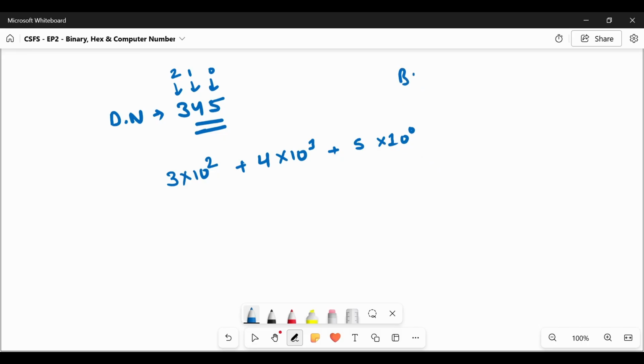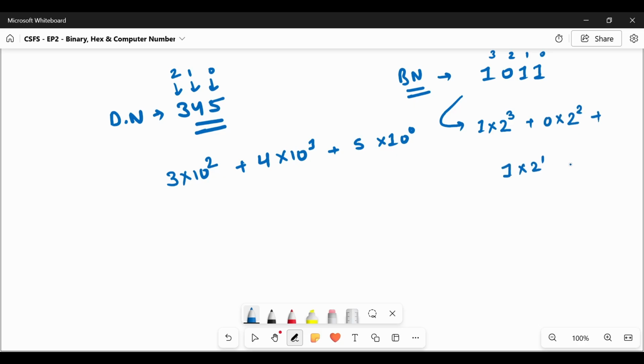Similarly, for a binary place value number like 1 0 1 1, with positions 0 1 2 3, it becomes 1 times 2 to the power 3, plus 0 times 2 to the power 2, plus 1 times 2 to the power 1, plus 1 times 2 to the power 0. 2 to the power 0 is 1. 2 to the power 1 is 2. 2 to the power 2 is 4, multiplied by 0, so the value becomes 0. 2 to the power 3 is 8, times 1 is 8.